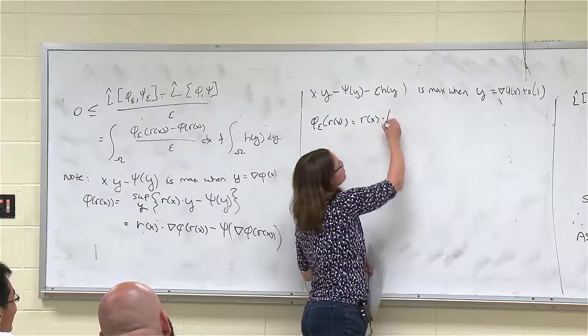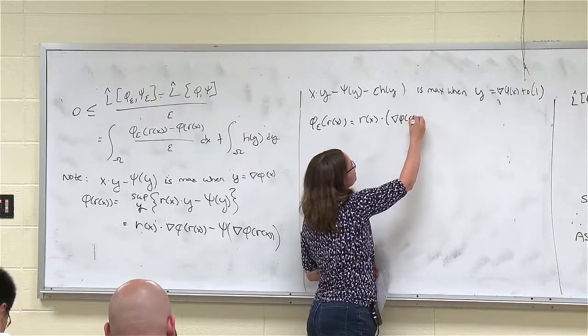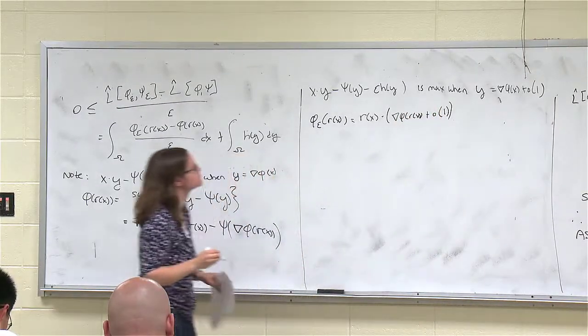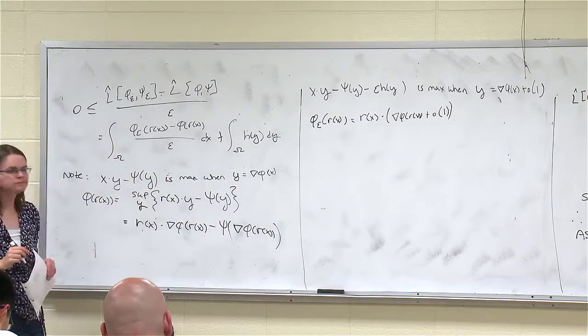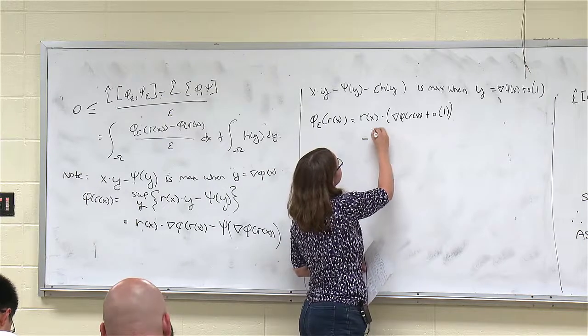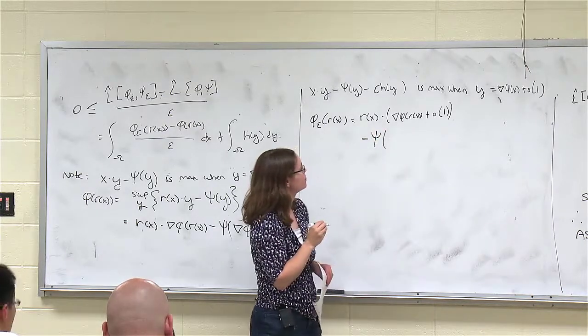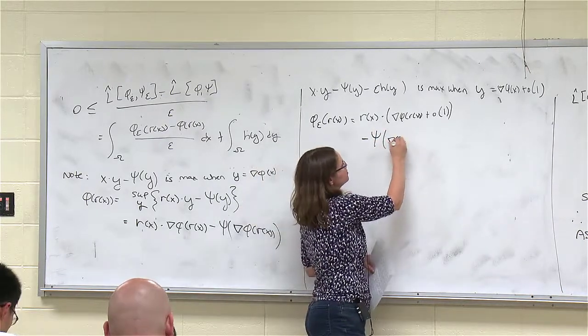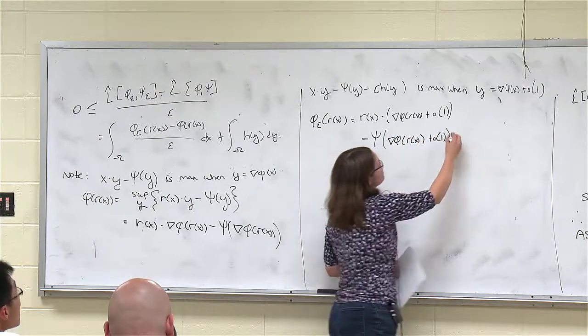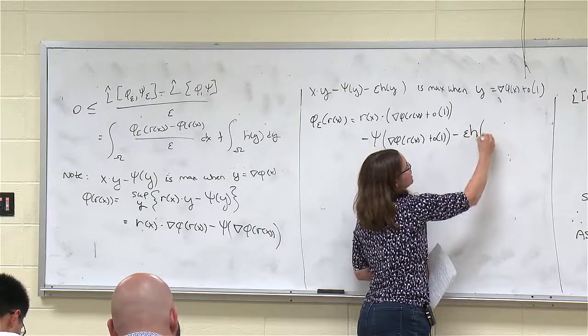The maximizer is grad phi of r of x plus something small. Okay, minus c evaluated at the maximizer, it's grad phi of r of x plus something small, minus epsilon times h at the maximizer.